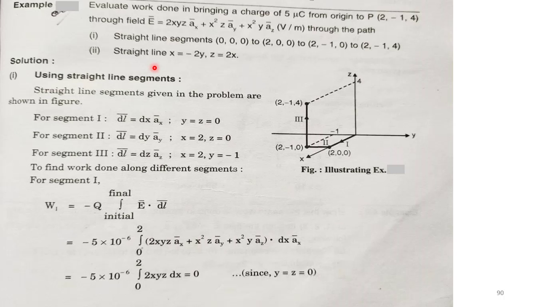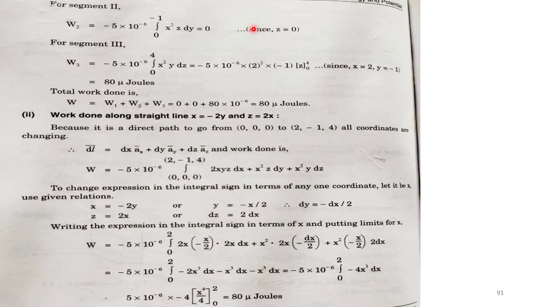Now see this equation, E bar is 2xyz ax bar plus x² z ay bar plus x² y az bar. From this, only the z component we are going to consider. That z component is x² y az bar dot with dz az bar. So it will result in x² y dz, and the limits for this integration are 0 to 4.